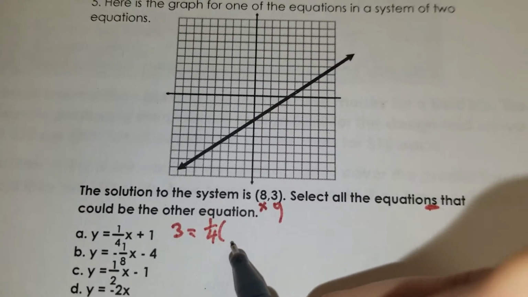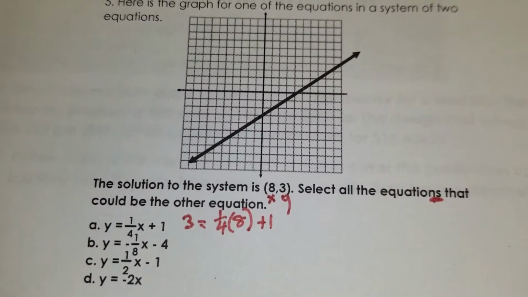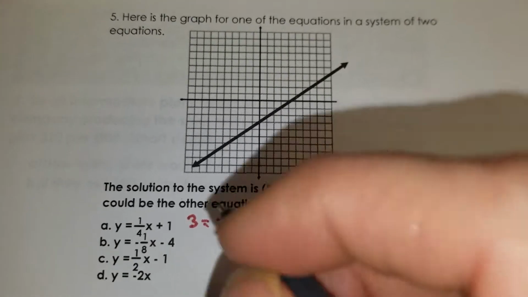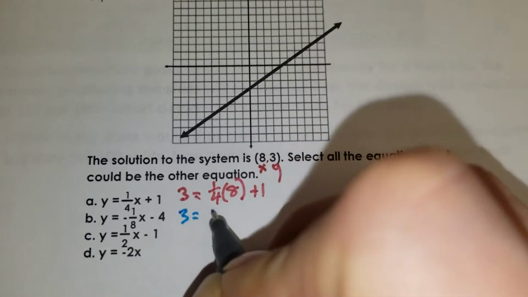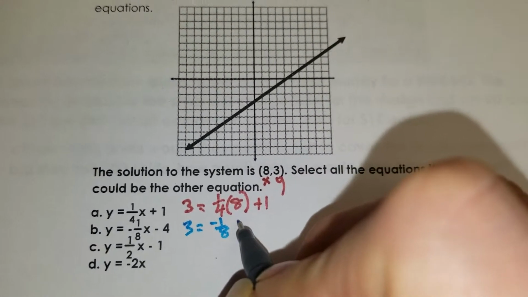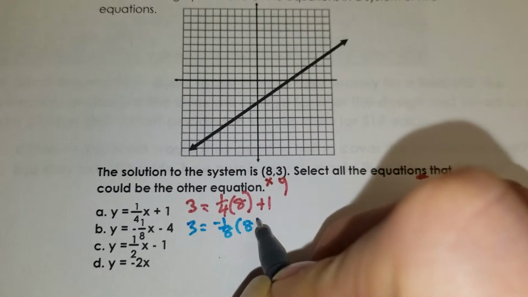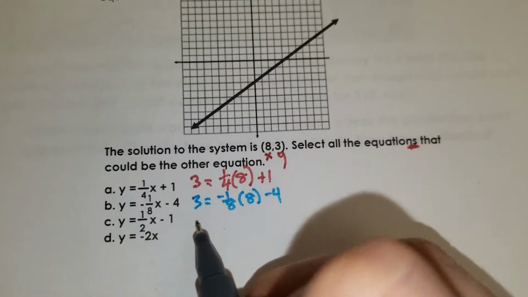times x, which is 8, plus 1. Then the next equation, I'm going to have 3 again, equals -1/8 times 8 minus 4. I'm going to test these all in the calculator in just a second.